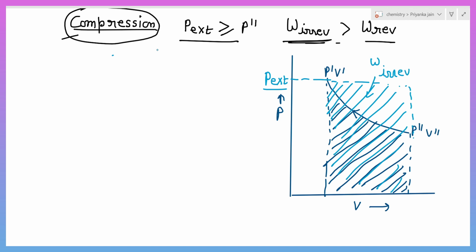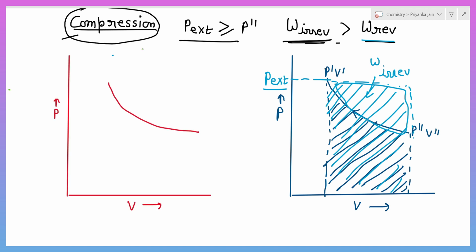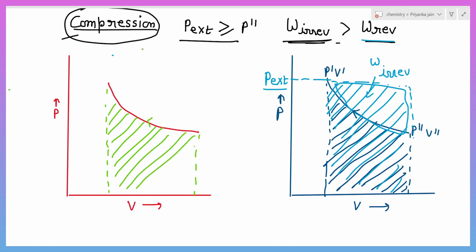You can see here that this irreversible compression work is always greater than the reversible compression. This much more work we are getting. As we do the process in multiple steps, suppose this is the area that we get in the reversible process. Now we are doing the irreversible process in two steps. One time the external pressure will be here, and the second time the pressure will be somewhat here, just supposing.